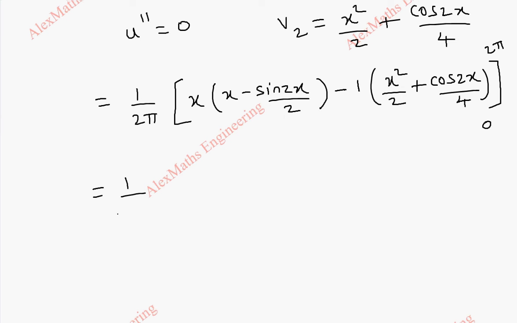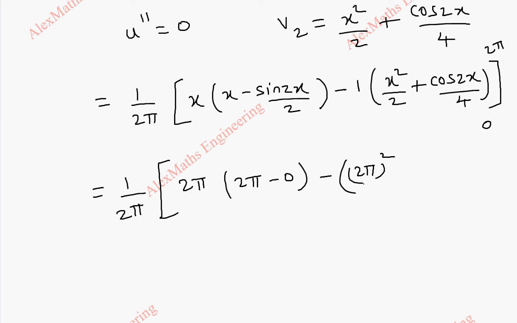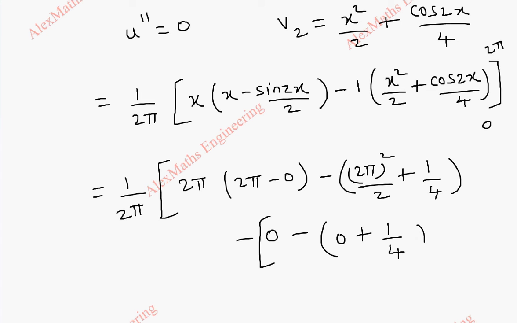When we use the upper limit, this is 2 pi into 2 pi, sin term is 0, minus 2 pi whole square by 2, and cos term becomes 1, so it is 1 by 4. When I put the lower limit, first term is x, so it is 0. Second term, first term is x square by 2, that is 0, and this is 1 by 4.